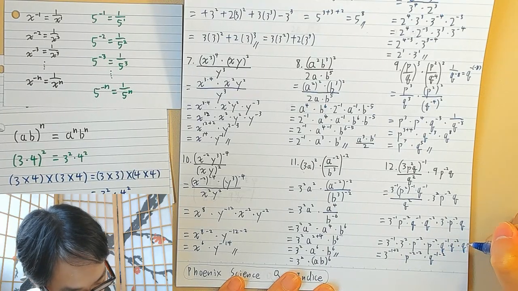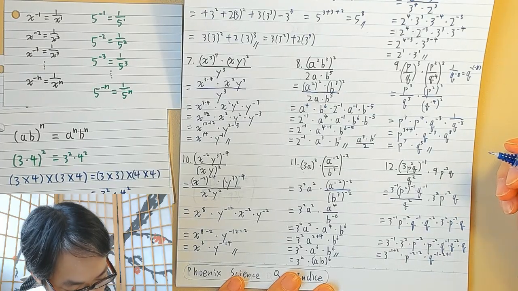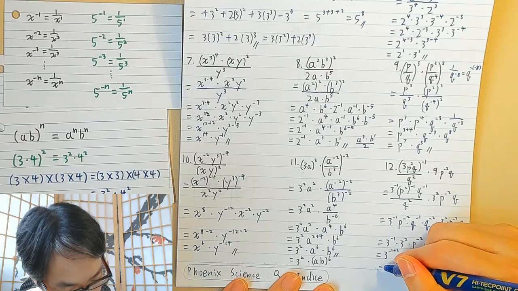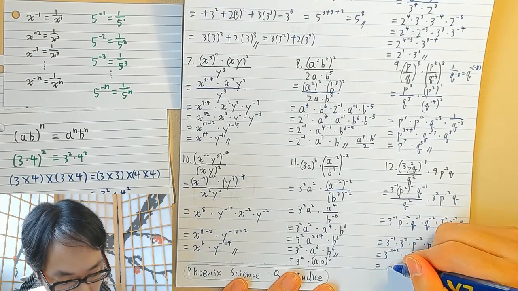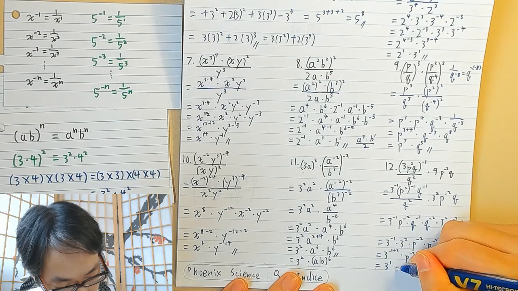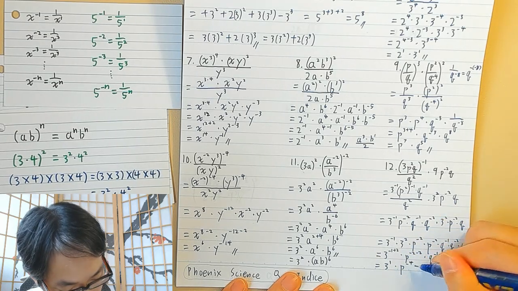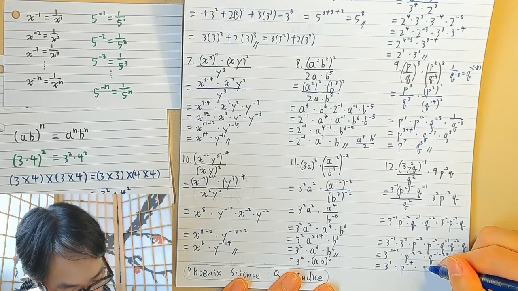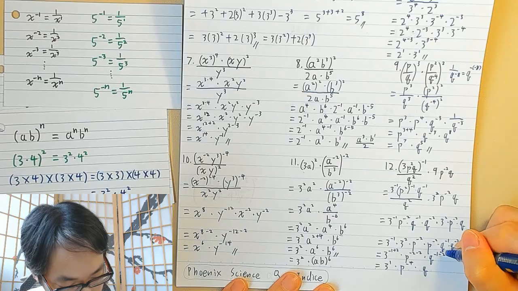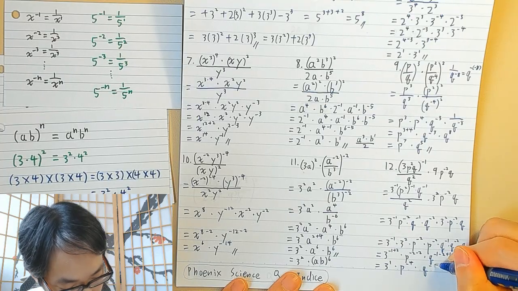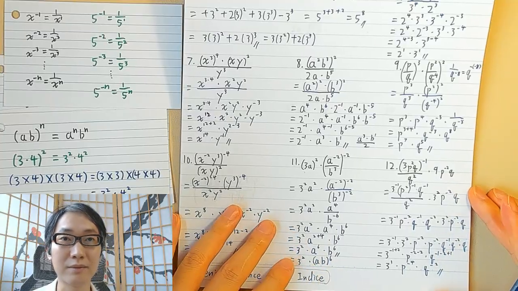This is 1 plus 1. And we have -1 plus 2, which is positive 1. So 3 to the power of 1 times p to the power of -4 times q to the power of -1 minus 2 is -3, -3 plus 1 is -2. This will be the answer.